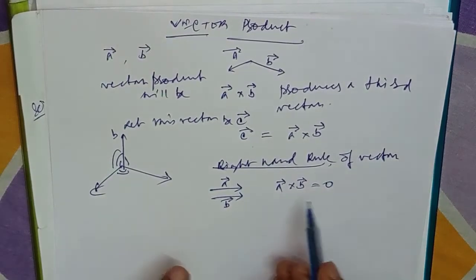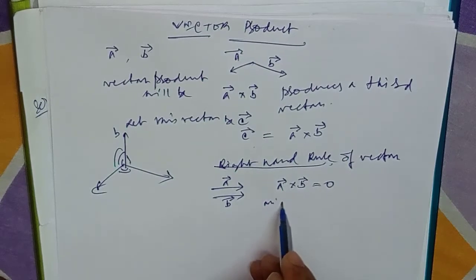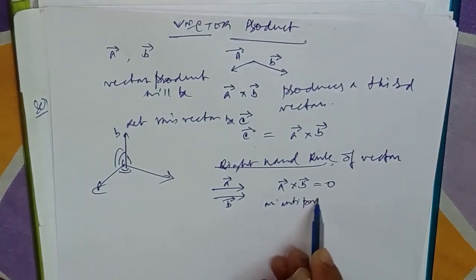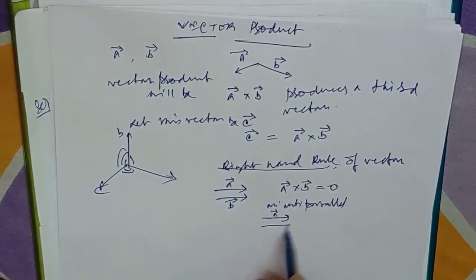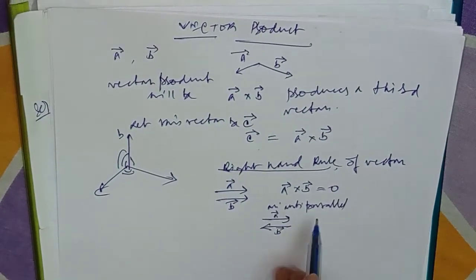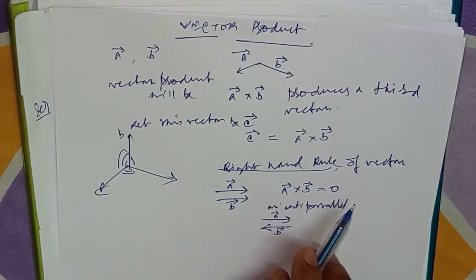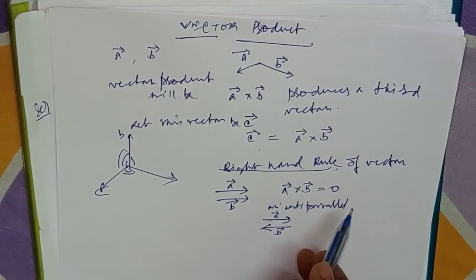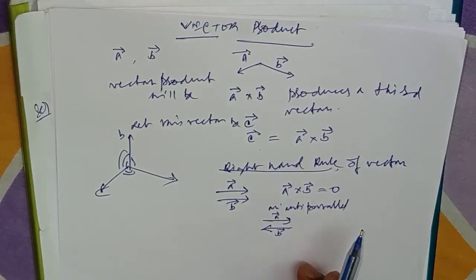Keep it in mind, if they are parallel or anti-parallel, like this is A vector, this is B vector, the cross product will be 0. Vector multiplication is obviously important.